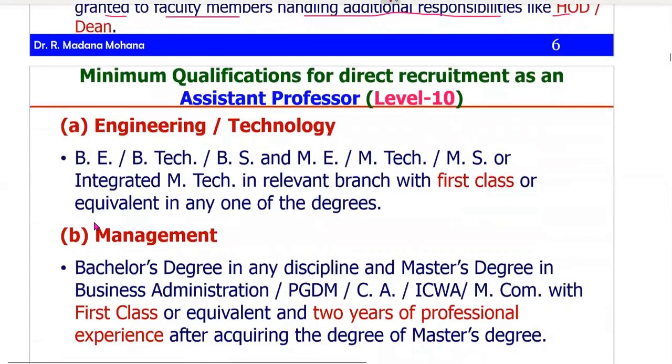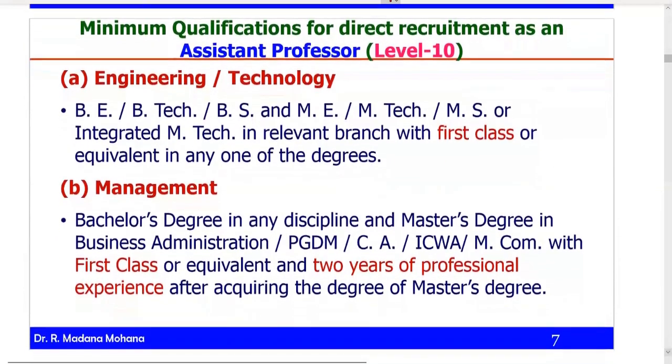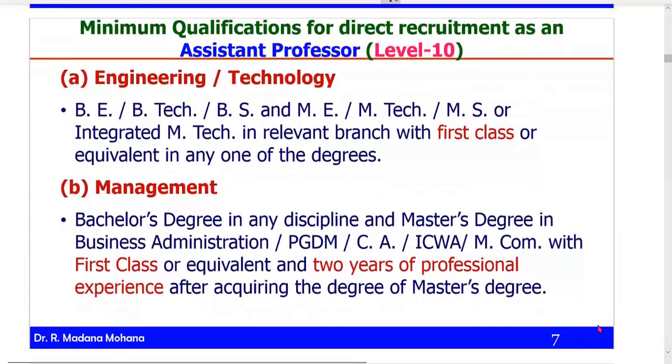Then coming to minimum qualifications for direct recruitment as an assistant professor. Its level is 10. In the above table, we already discussed the basic qualifications for engineering and technology institutions.